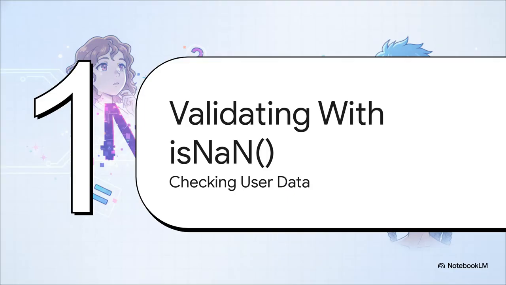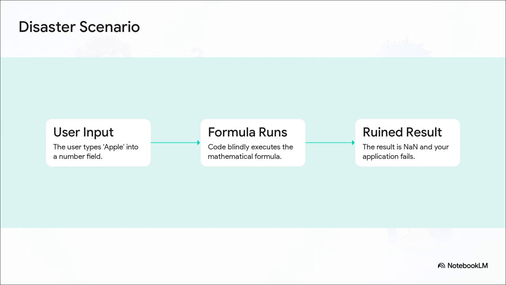Section 3, validating with isNaN. Let's translate this into a real-world scenario you will definitely face, a website user entering bad text data into a form. Imagine you have an app that calculates the meaning of life using a highly complex mathematical formula. Let's walk through this disaster scenario step by step. Step 1, you ask the user for their age in a form field, expecting a number, right?